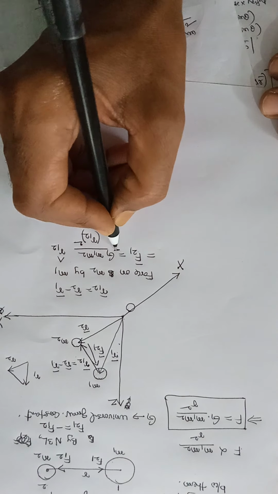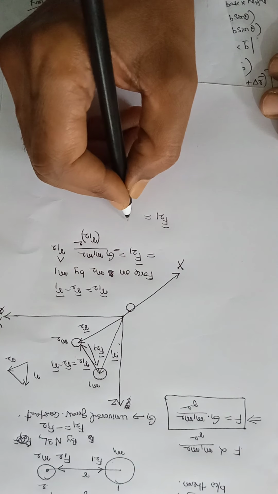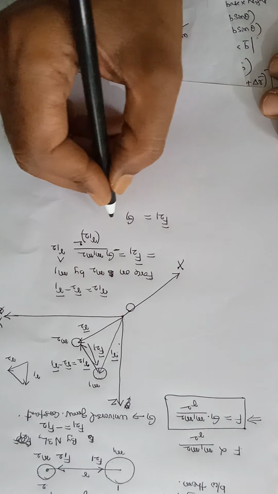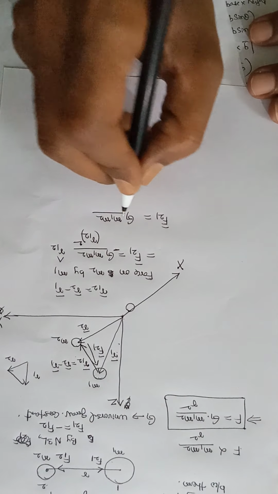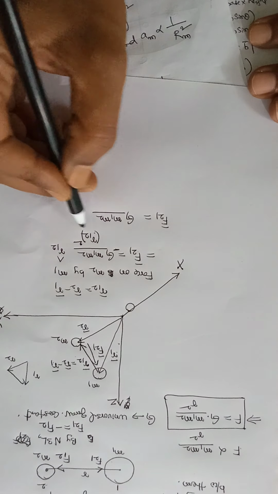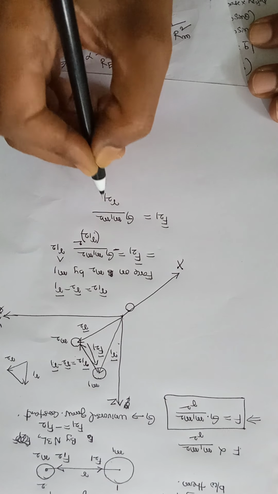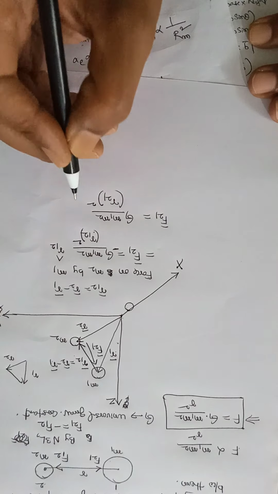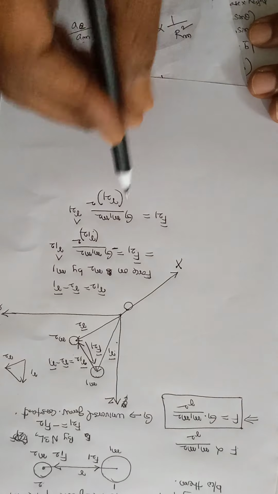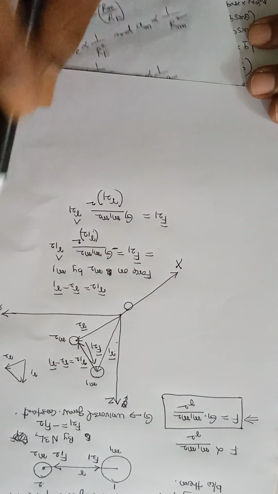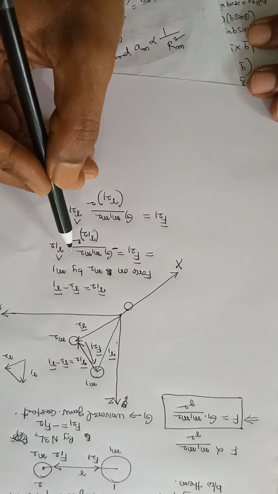Suppose you don't want a minus sign here. Here, instead of R12, you can write R21. Here also R21. Now minus sign doesn't come. Why? Means F21 is upward and R21 also upward.